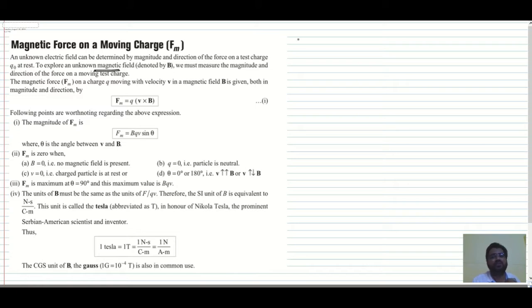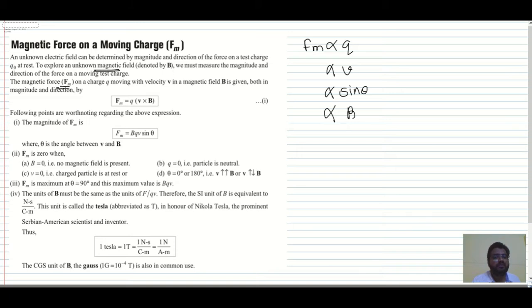So this magnetic force Fm is directly proportional to, number one, the charge on the particle. Then it is directly proportional to the velocity with which this charge is moving. Then it is directly proportional to the sine of the angle between velocity and the magnetic field.